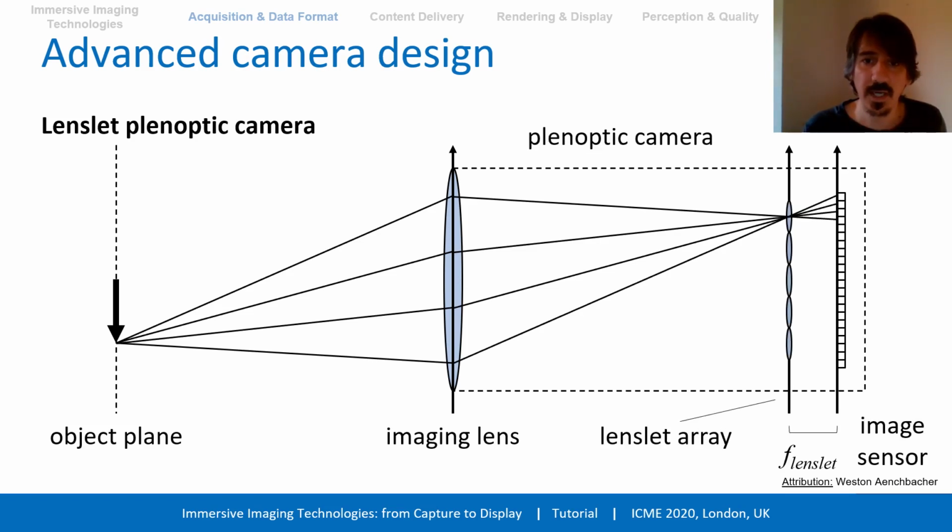So the main idea behind the plenoptic camera is to introduce an array of microlenses in between the main lens and the image sensor. And we can see that by doing this, the light rays coming from different angular directions are redistributed onto different pixels on the sensor.